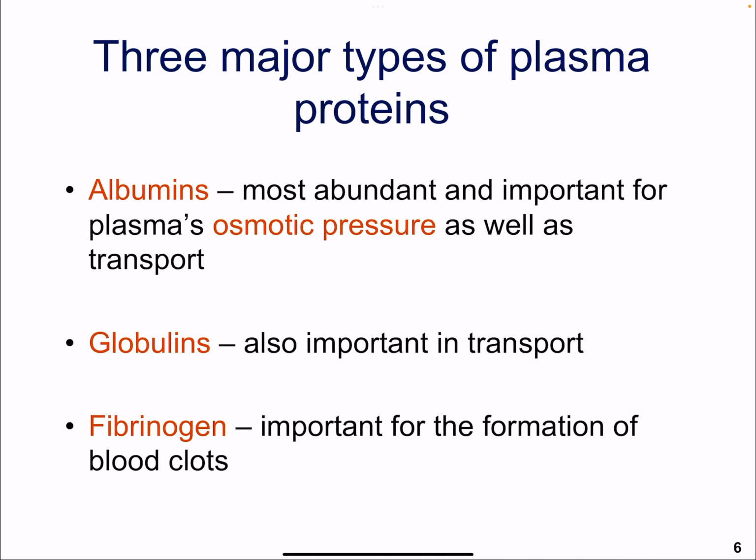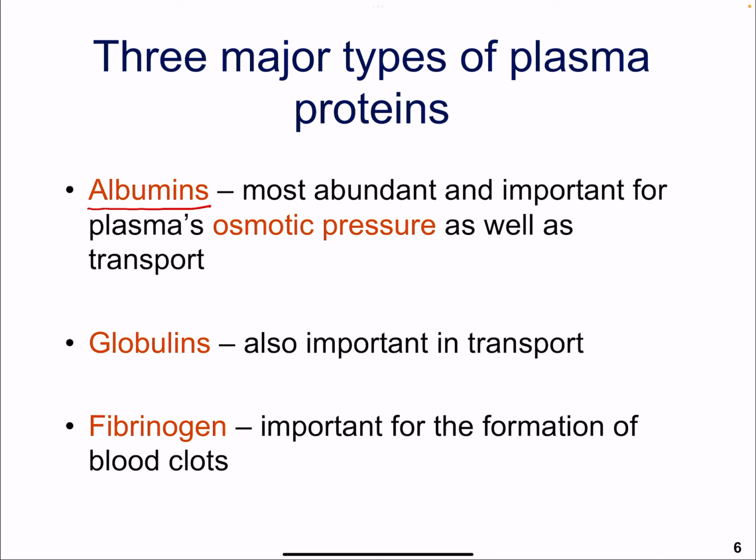And now, diving into the plasma proteins, what are the most abundant plasma proteins? By far the most abundant is going to be a protein that we call albumin.